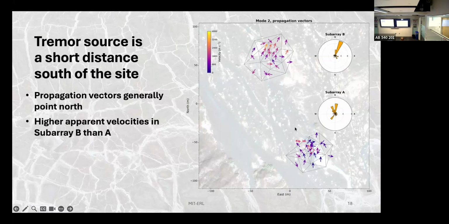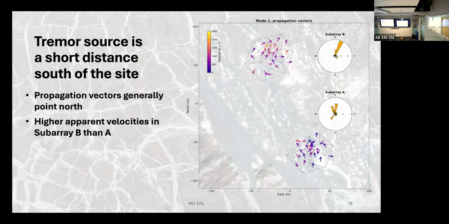If you look at the velocity values, you see that they are generally higher in array B than in array A. That's consistent with the subsurface condition at the two arrays. In array B, in many cases, the stations were built on very thin sediment or no sediment, but array A was built on a sediment layer about 10 meters thick.